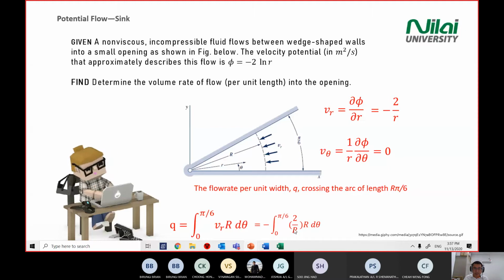So you cancel the r, and you only get the integral of 2 d theta. You simplify the equation and you get negative pi divided by 3. Use your calculator: 3.14 divided by 3, you get negative 1.05 m squared divided by s.